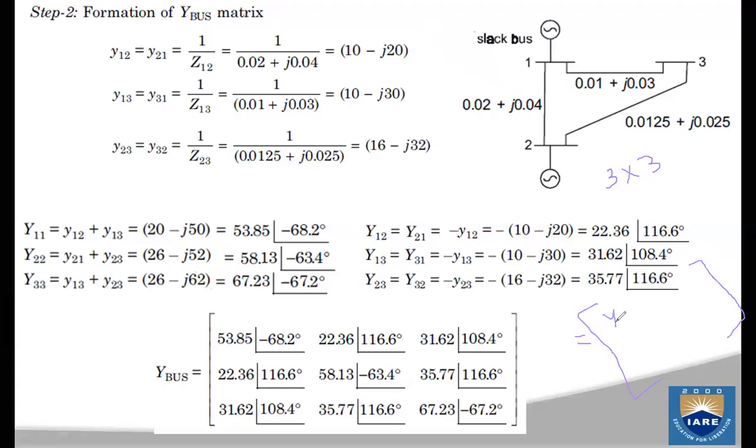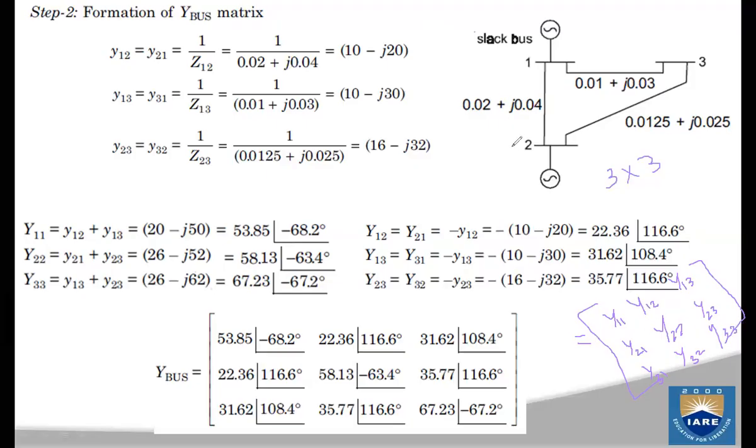So the elements are Y11, Y12, Y13, then Y21, Y22, Y23, then Y31, Y32, Y33. So this is the 3 by 3 matrix.